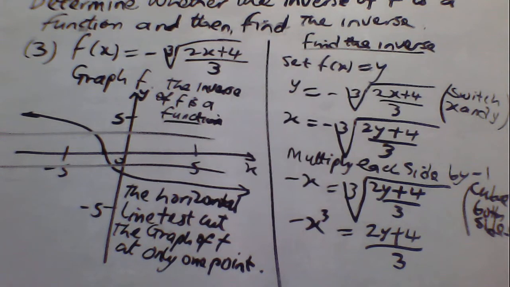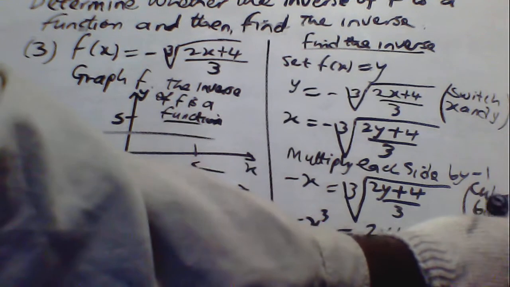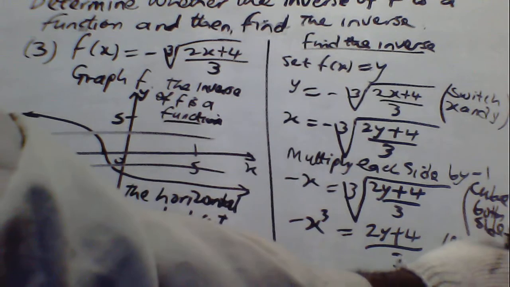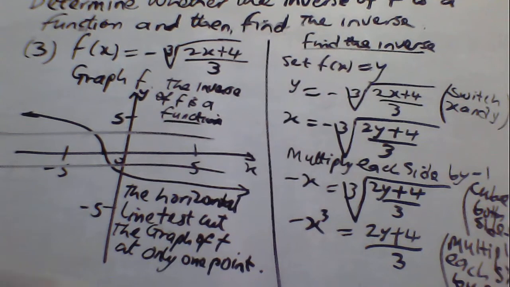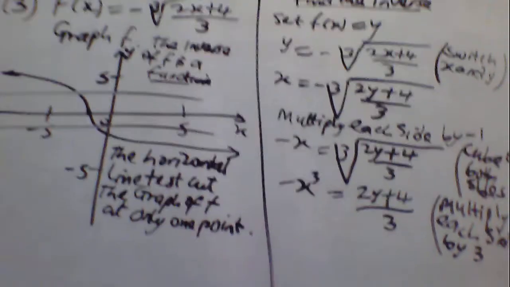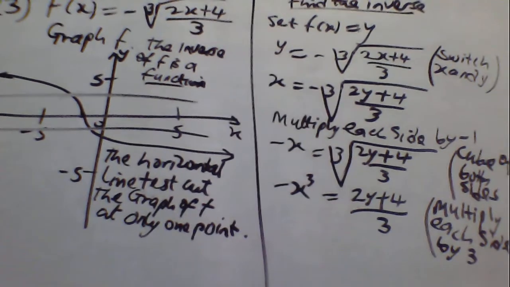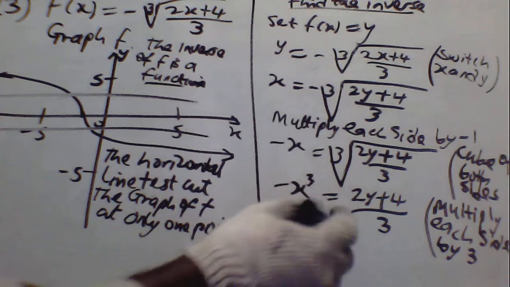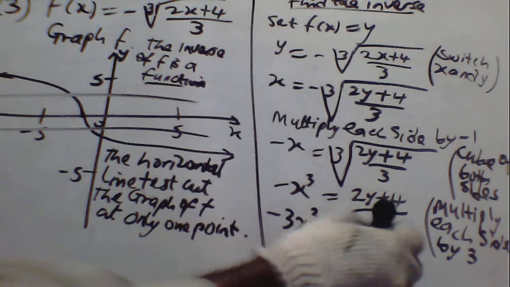The next is to multiply each side by 3, since we are making y the subject. If you multiply each side by 3, this gives us minus 3x raised to power 3 equals 2y plus 4.